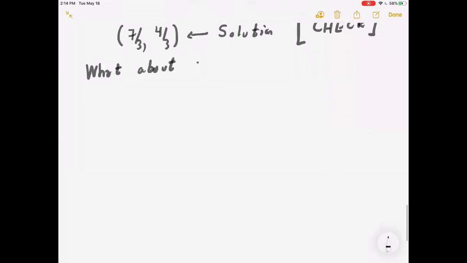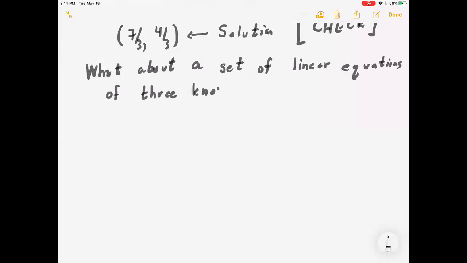But what about a set of, let's say, linear equations of 3 variables, and 3 equations? So really 3 unknowns, sorry.